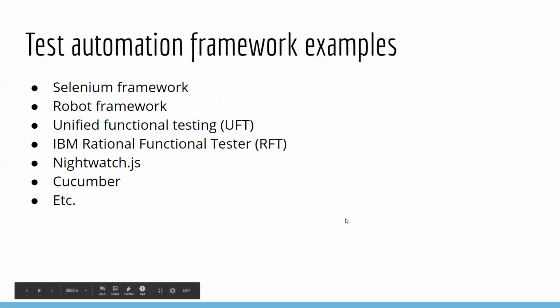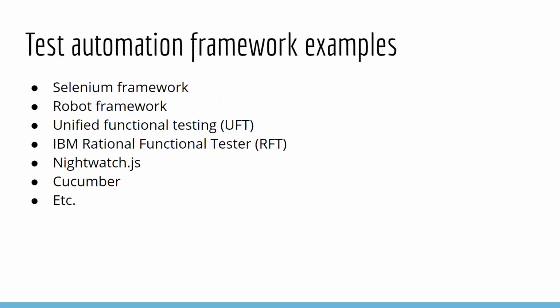So these are the examples of test automation frameworks. So Selenium framework is actually popular for web application testing. And then there's robot framework. Actually, this has been existing, I think, since before Selenium.